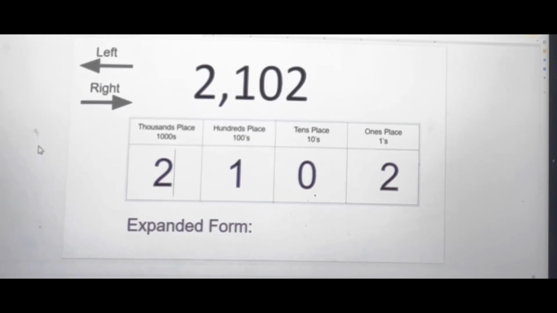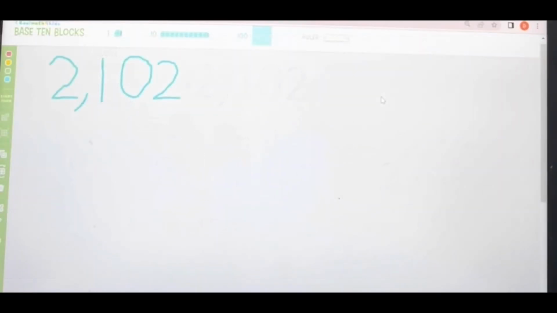Alright, next thing, you know what it is, we are going to do a visual representation of the number 2,102 with the tens blocks to get ready to write the number in expanded form. Now that we identified the ones, tens, hundreds, and thousands place in the number 2,102, we are going to do a visual representation as we prepare to write the number in expanded form.